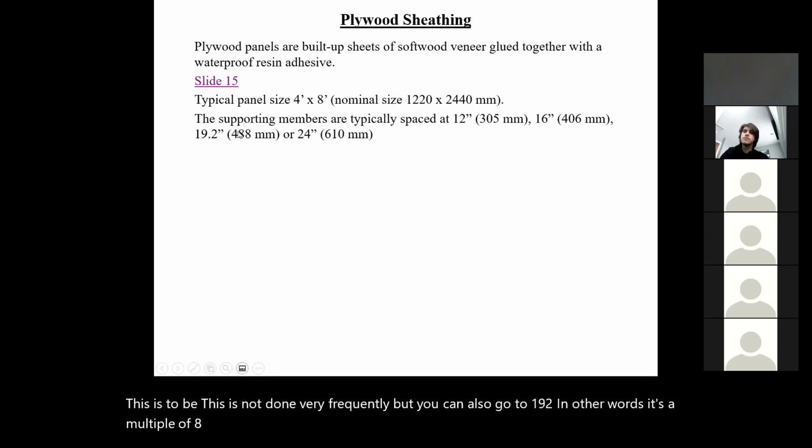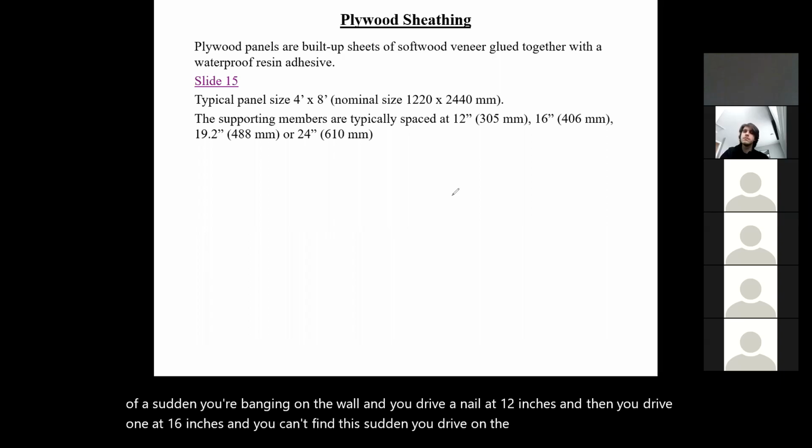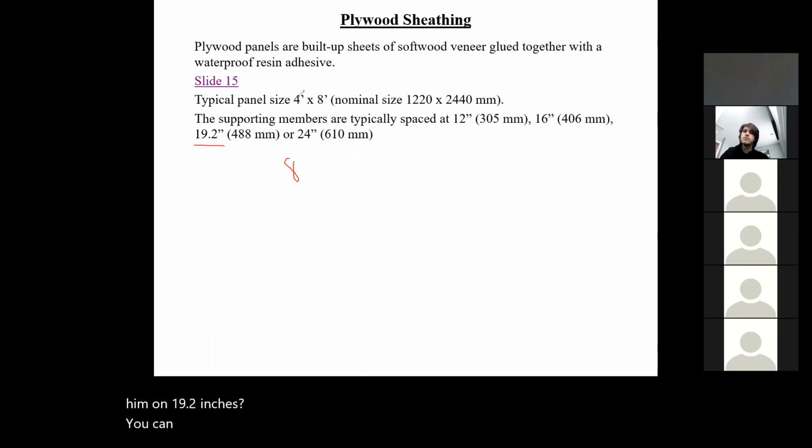If you go into an old building and bang on the wall, driving a nail at 12 inches, then 16 inches, and you can't find the stud, then at 24 inches, it's possible they put the studs at 19.2 inches. If you take 8 feet and put them at 19.2 inches, you get evenly spaced members, but that's very rare today.